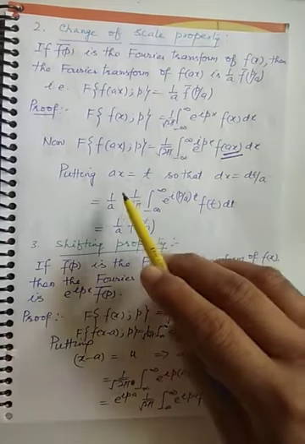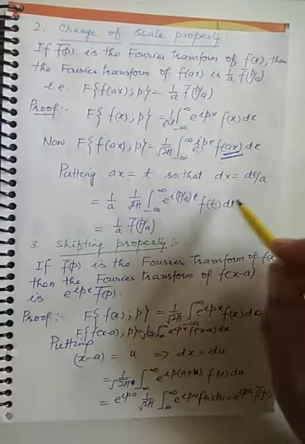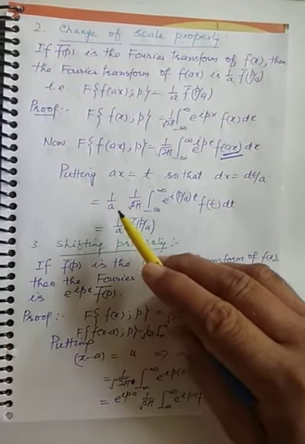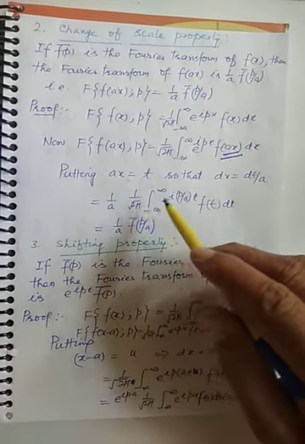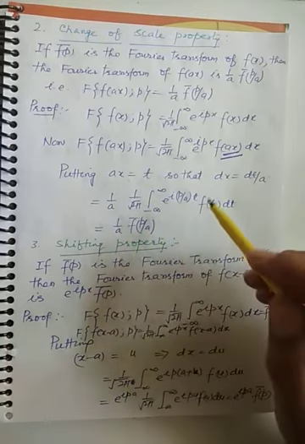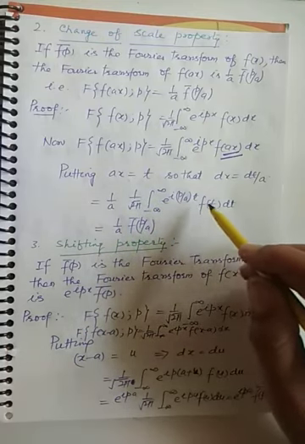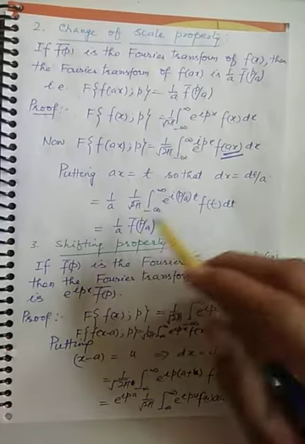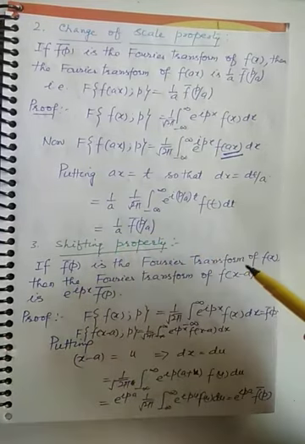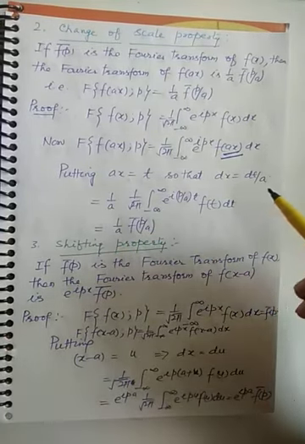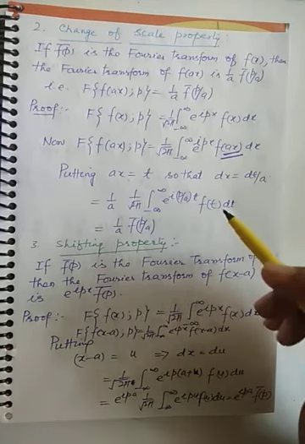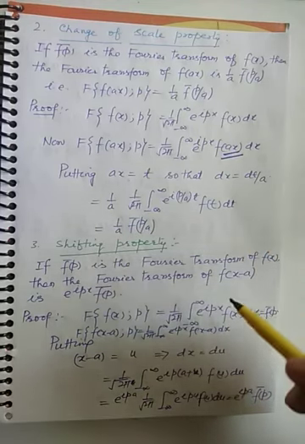On putting ax = t, so that dx = dt/a, this is equal to 1/a times 1/square root of 2pi times the integral from minus infinity to infinity of e^(i(p/a)t) f(t) dt, which is 1/a F bar(p/a). This is called the change of scale property for the Fourier transform.